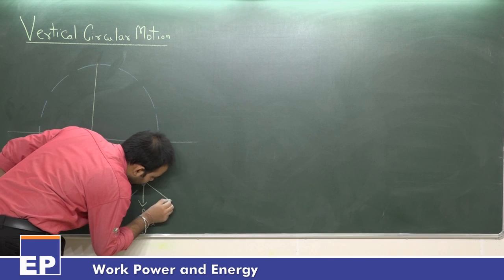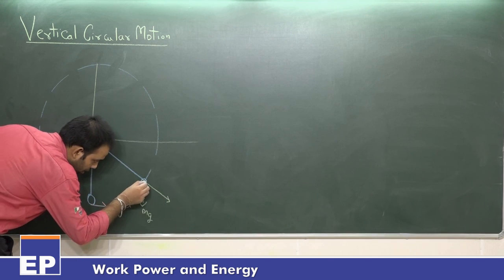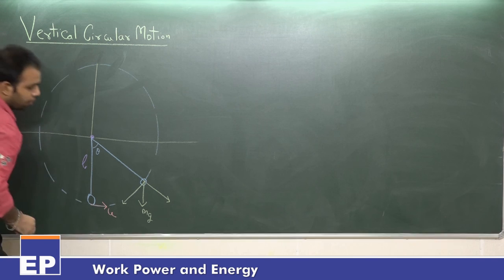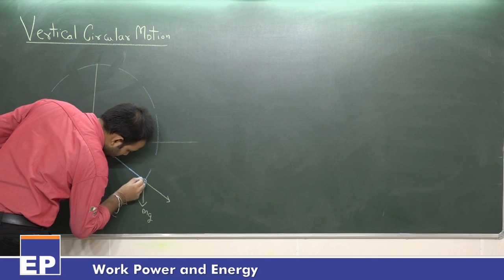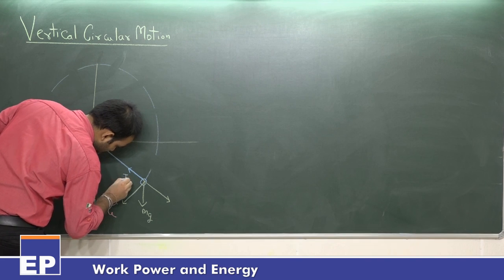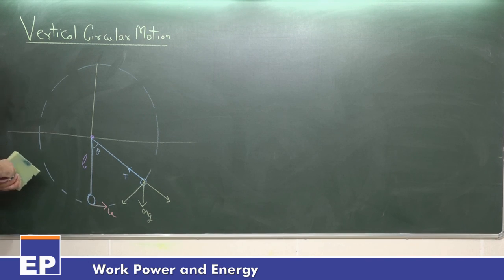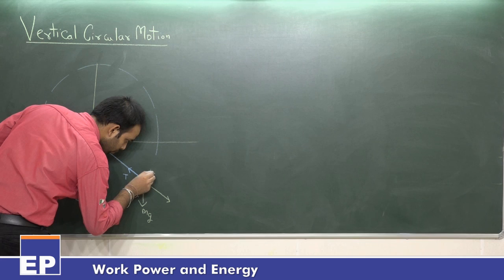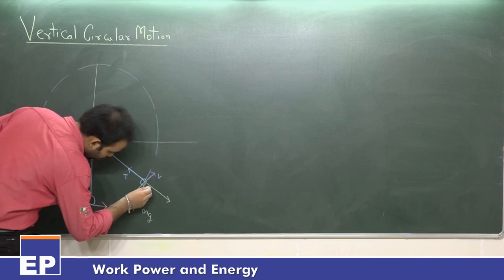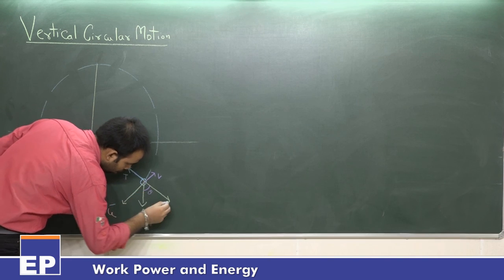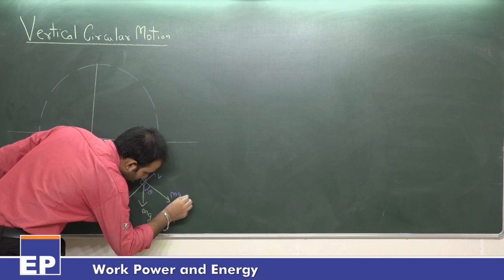There is one component of it in this direction, another component of mg is in this direction. There is a tension acting in this direction, and let's suppose its speed at this point is v. If this is theta, then this is also theta. This is mg cos theta.